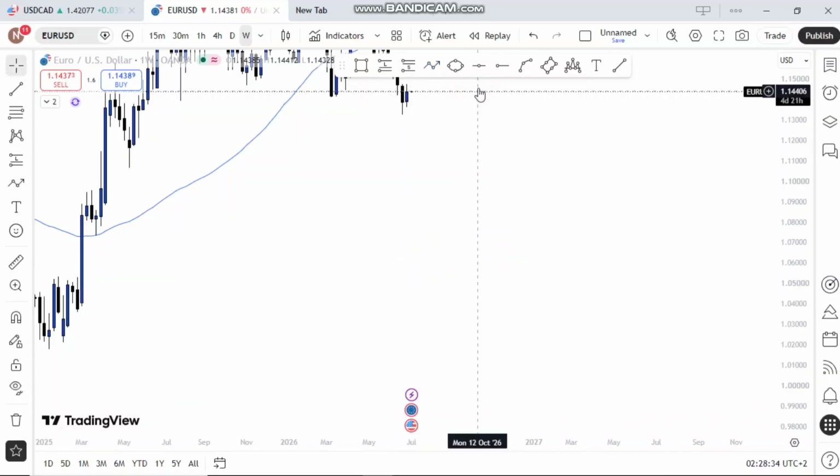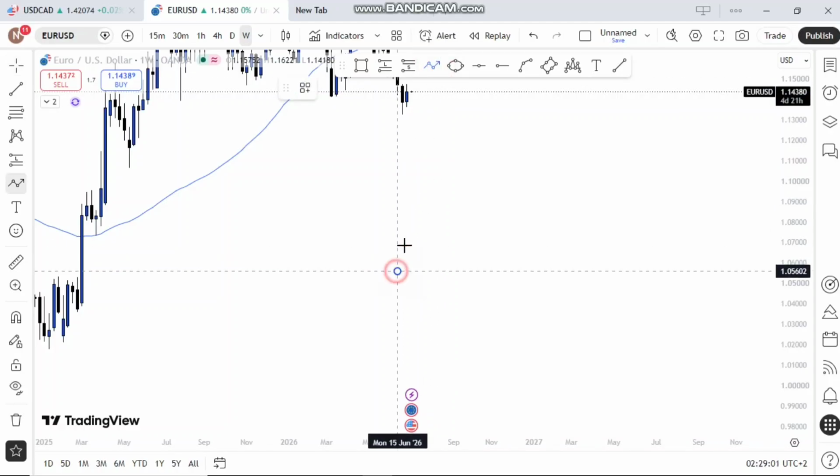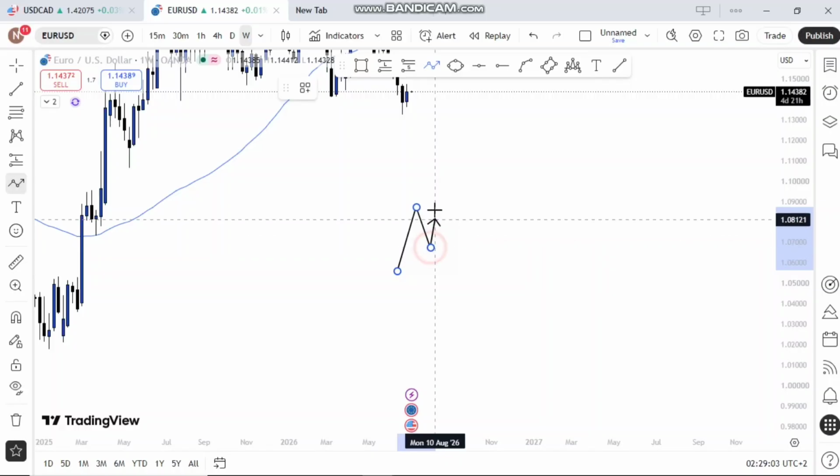This happens on every time frame: 1 minute, 2 minutes, 1 hour, 2 hours, 4 hour, daily, weekly. It aligns with whatever strategy you're trading, but with my strategy of support and resistance, market structure, break and retest, it works perfectly. Remember, resistance is whereby the market fails to break above.